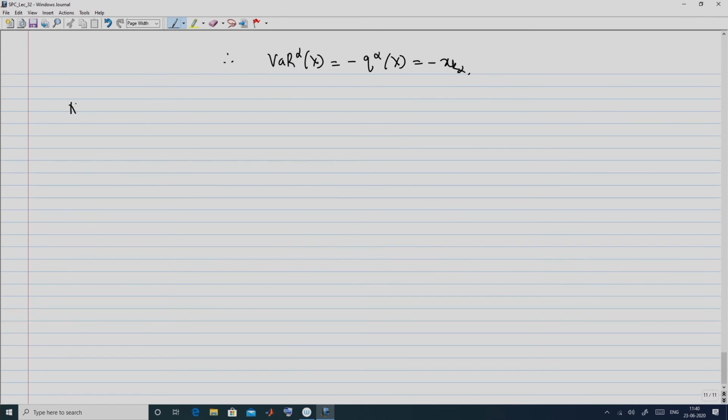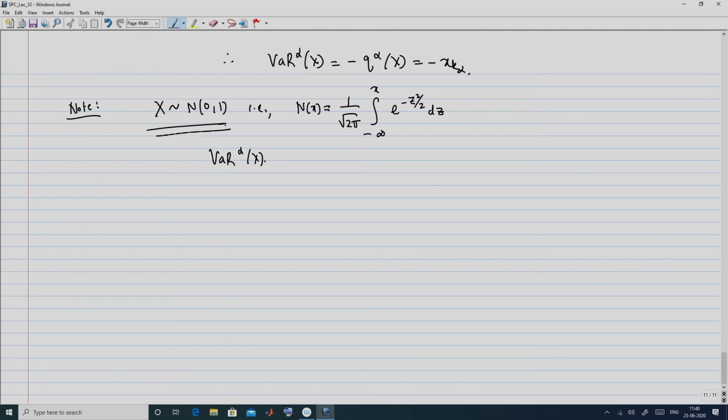All right. So, now let us move to the continuous time setting. If x is a standard normal random variate, with cumulative distribution n of x equal to 1 over square root of 2 pi into the integral from minus infinity to x of e raised to minus z square over 2 dz, then VaR alpha of x is simply going to be minus n inverse of alpha.